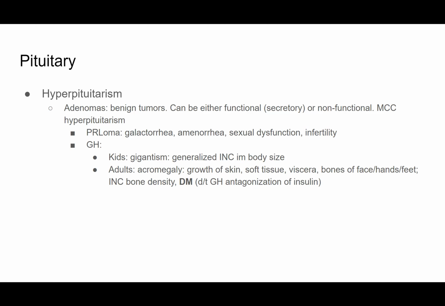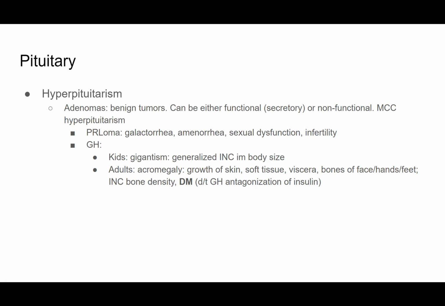So prolactinoma, we've talked about that since term 2: galactorrhea, amenorrhea, sexual dysfunction, infertility. And then growth hormone. If you have an increase in growth hormone in kids, gigantism; in adults, acromegaly. We've been over this before. A couple things I want to point out in adults. Other than the quote unquote obvious direct effects of growth hormone, please note that it can also cause diabetes mellitus.